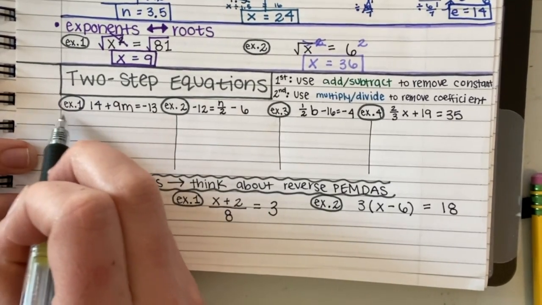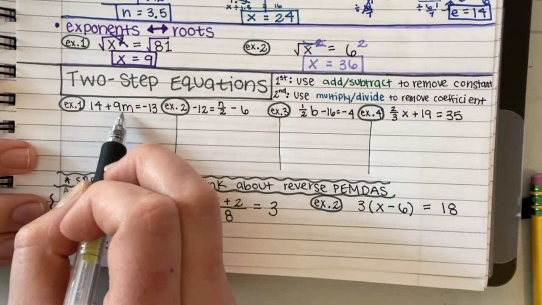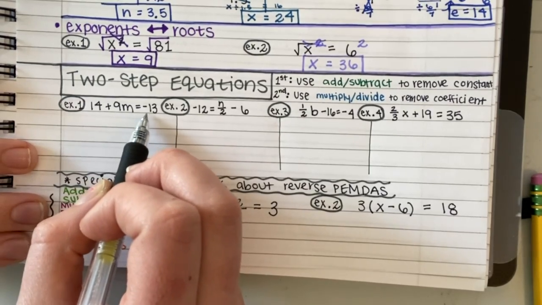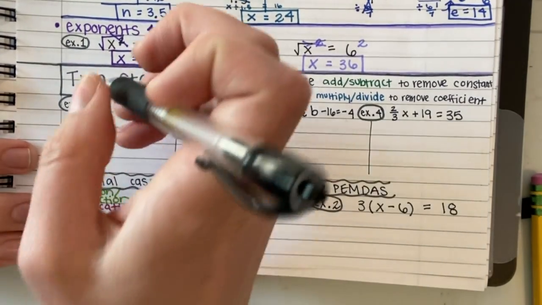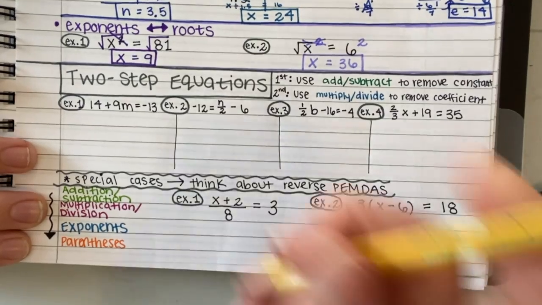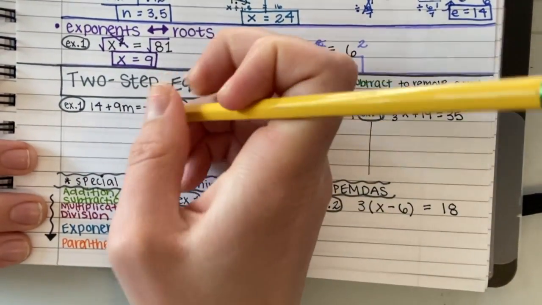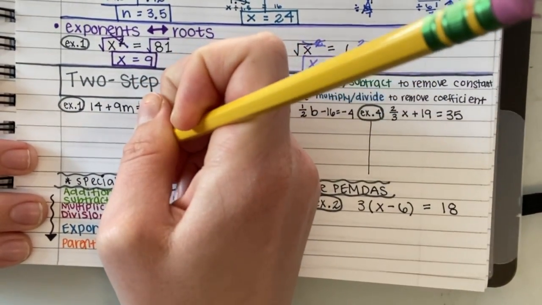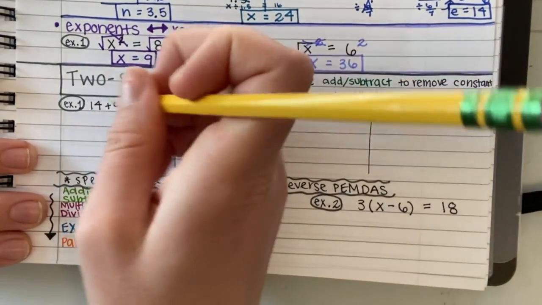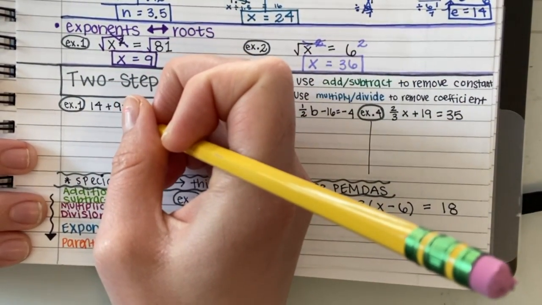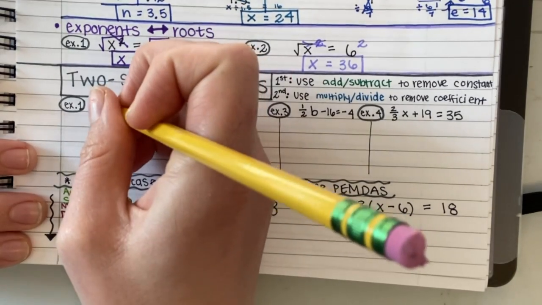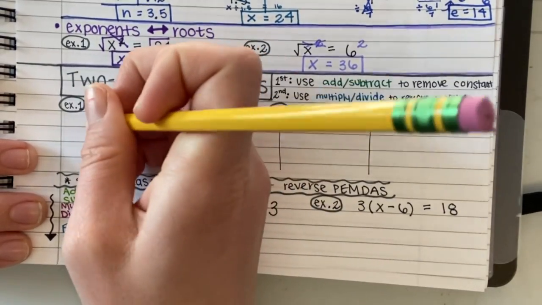So the first example is 14 plus 9m equals negative 13. I'm going to draw my line. I'm going to look and see which one is my constant. I see that this 14 is my constant.